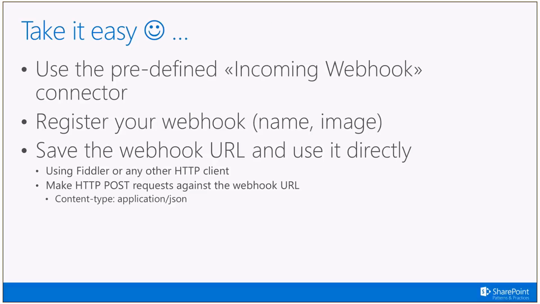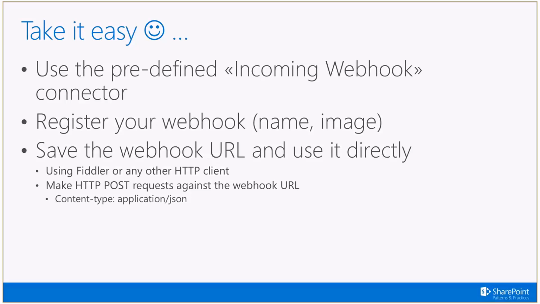So it's really easy, and we will show you pretty soon in a demo, but you just need to follow the UI provided through the Office 365 Groups environment, and you will be ready to register on the fly a new webhook and a new connector.